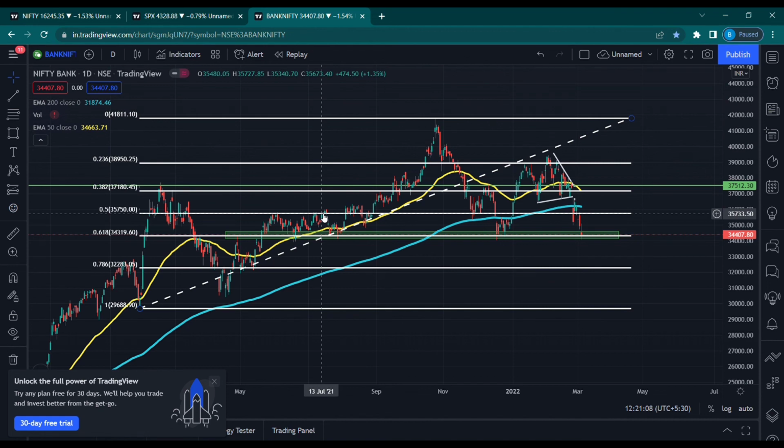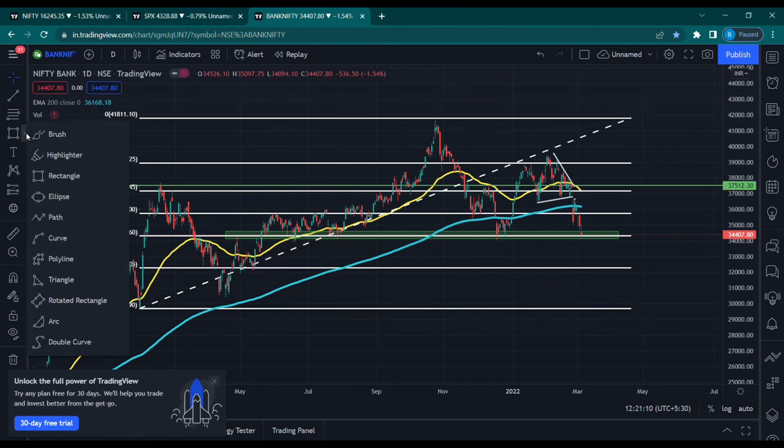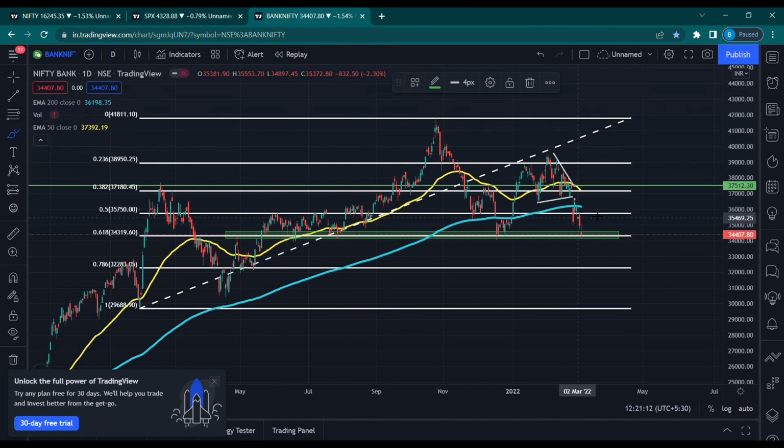So again I'll be waiting for this consolidation to break on either side. If it breaks on the upside, then we can go for a long, and if it breaks down, then we can go short for a target of 33,400 followed by 32,300, right? So that can be our plan.